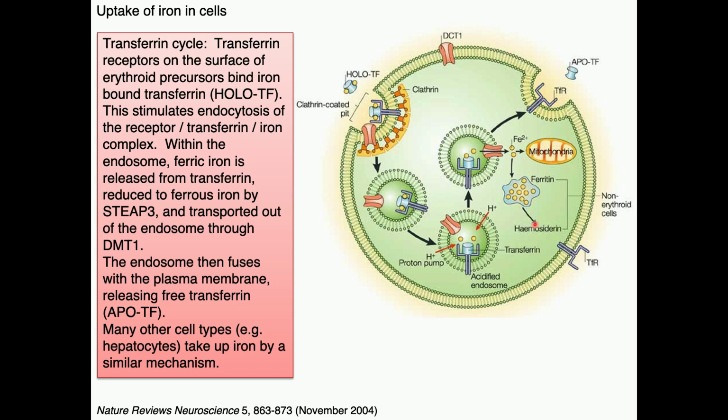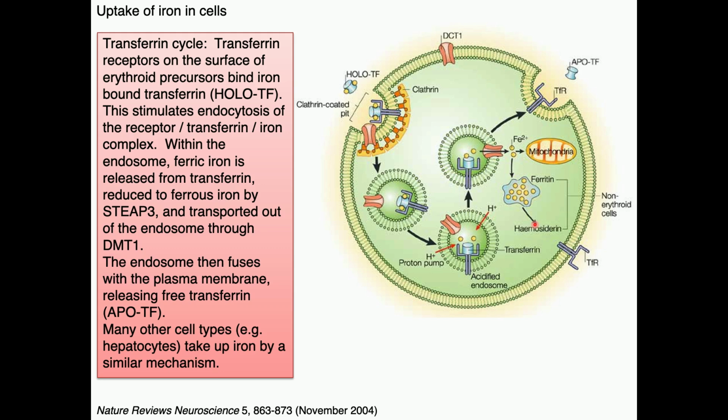Yeah. Going on the same line, does transferrin only bind ferric iron? Yes, that's correct. So this whole process is dependent on copper. Hepcidin and ceruloplasmin are both copper-dependent enzymes.